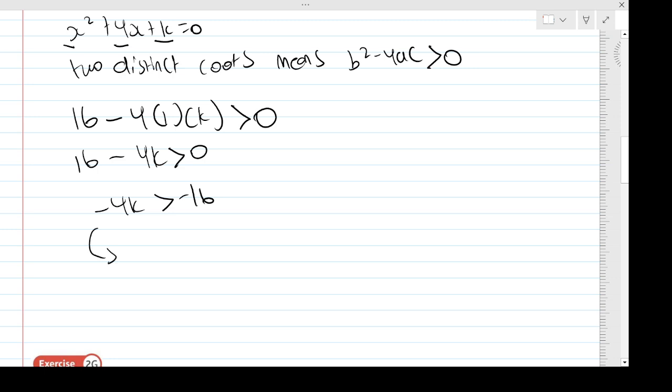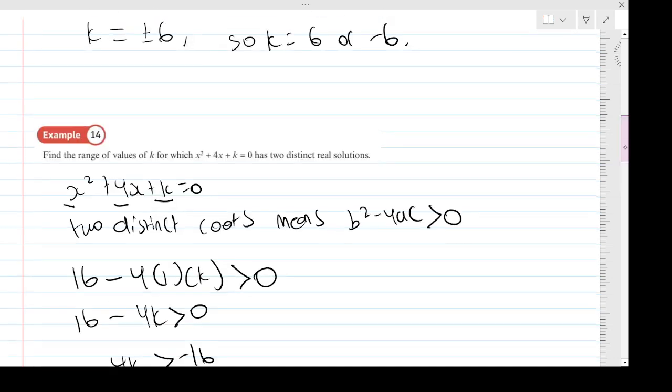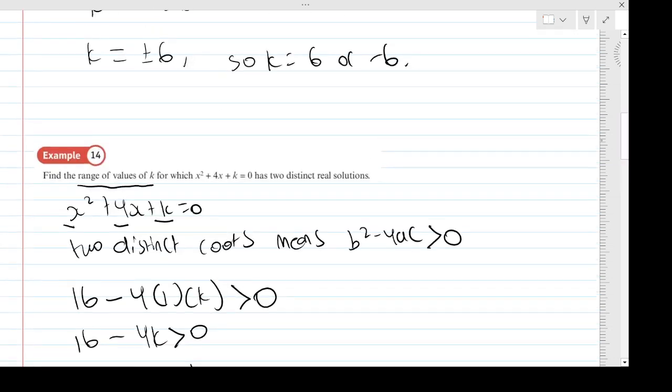Then we can solve this. I want to get rid of the negative. But remember, with inequalities, when you divide or multiply by a negative, you have to flip the sign. So 4k is less than 16. Then we divide by positive 4, so k is less than 4. Cool, and that's your answer, the range of values for k.